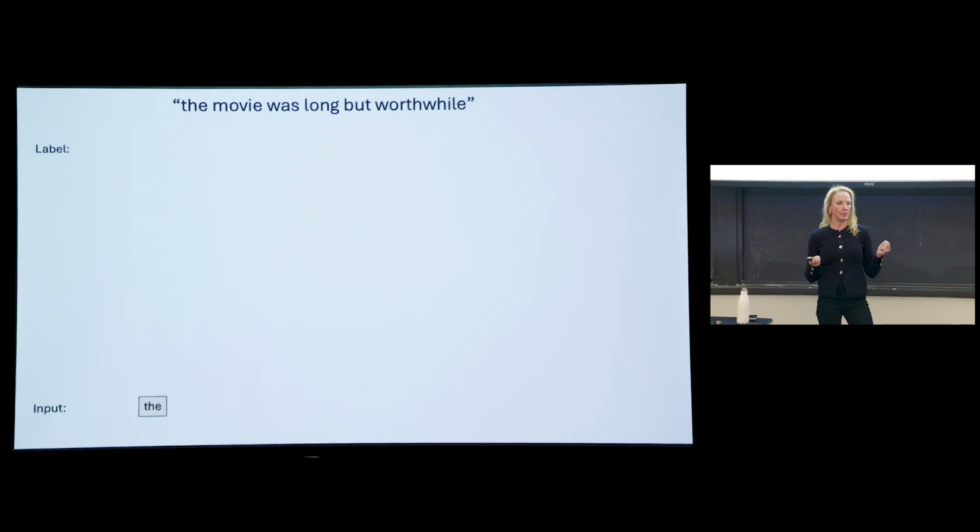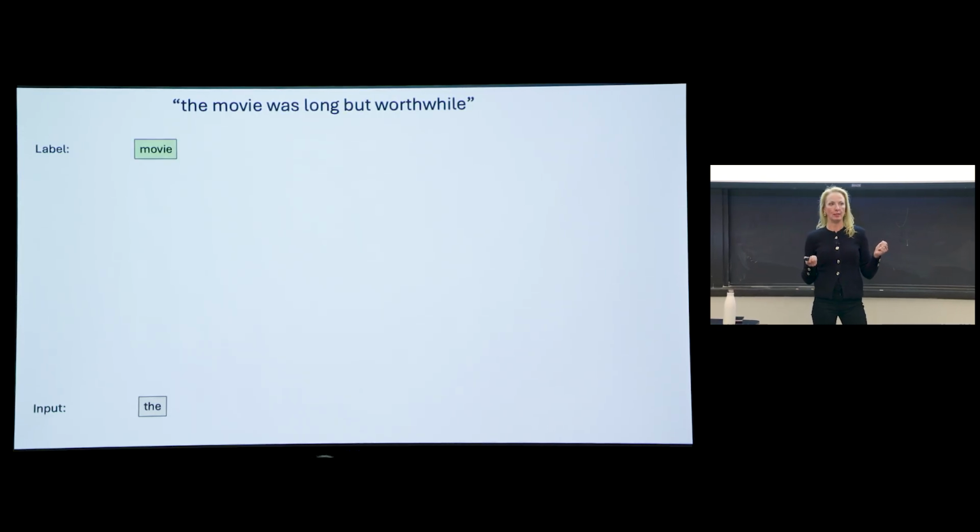In one step, my input is going to be the word the, because that was the first word a human put in this sentence. In this section I'm going to simplify in some ways, and I will take responsibility for that, otherwise we'd be here for a couple of weeks. So the is my input, and the label is the next word the human who produced this sentence actually chose to use.